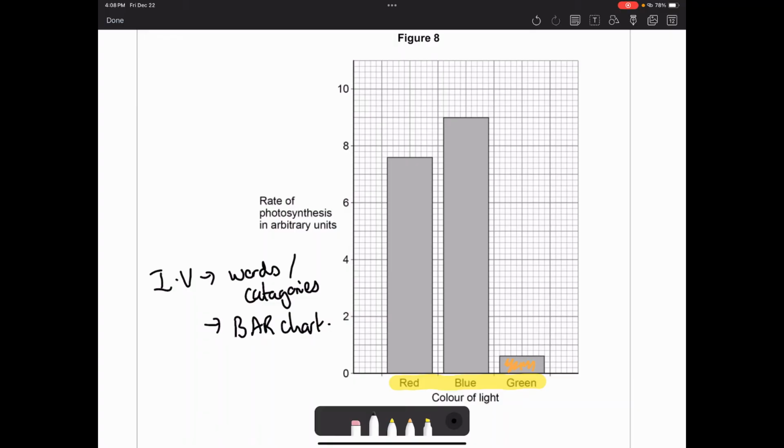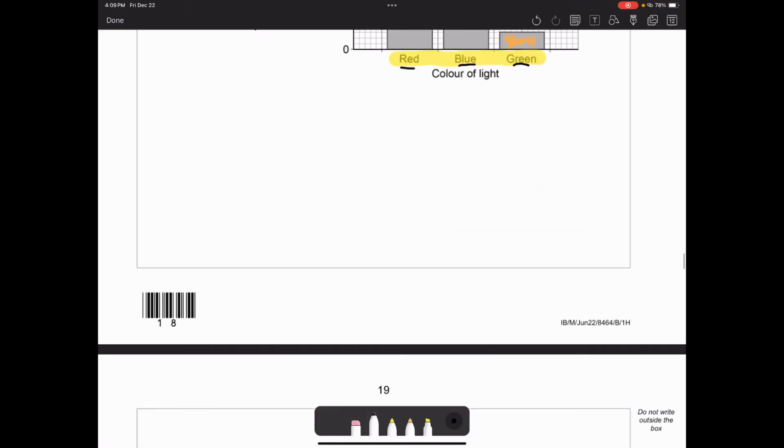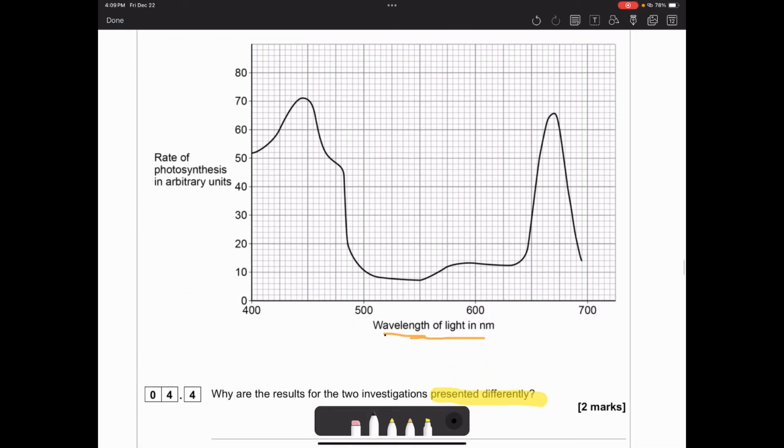Okay, so your independent variable, if it's categoric data, like names of football teams or favourite colours, or in this investigation, the colour of light shining on the pondweed, because it's not numbers, they are words or categories, categoric data, you would draw a bar chart. But on this one, we're measuring wavelength of light.